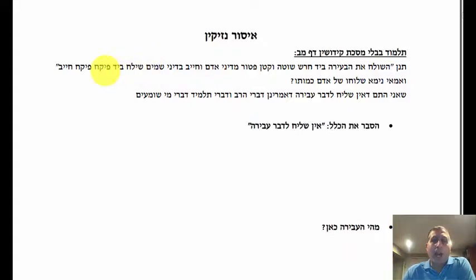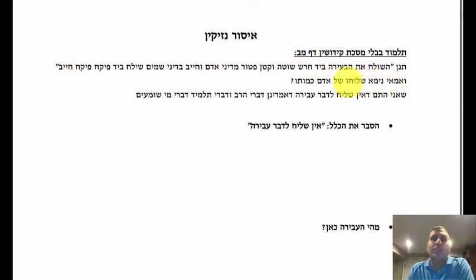Shilach b'yad pikeach chayav. If a person sends a fire through an agent who has full capacity, who's an adult with full intelligence, so the person who sets the fire is responsible, but the person who sent him is not responsible. And the Gemara asks, v'amai, why is this the case?